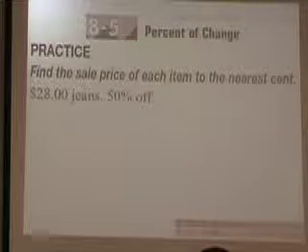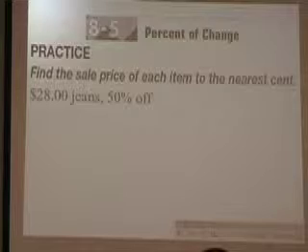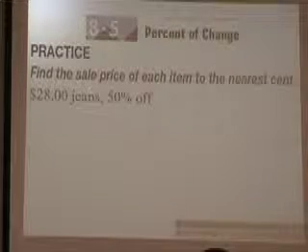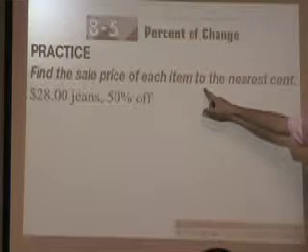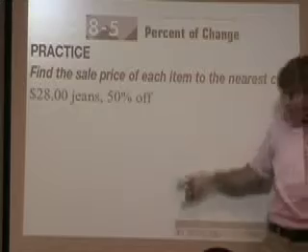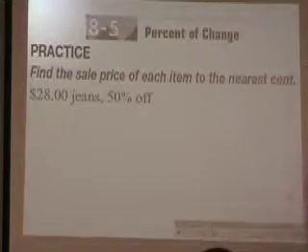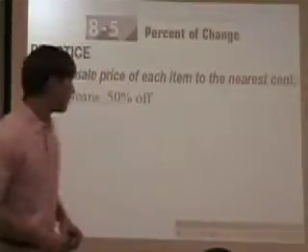Now, the second thing we have to learn today, which is a little bit more difficult, but you might find it easier, is to find the sale price of an item. Find the sale price of an item. Now here, they give us the item costs how much? $28.